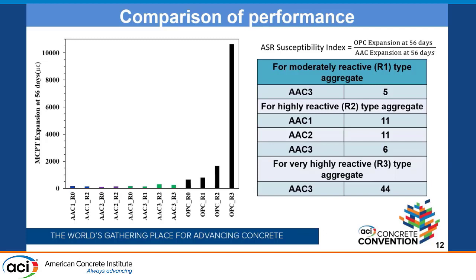To sum up all those studied mixes and OPC's performance, this comparison is done here. You can see that the plot shows the black bars, which are the expansions manifested by OPC, whereas the other colorful ones are the alkali-activated concretes.